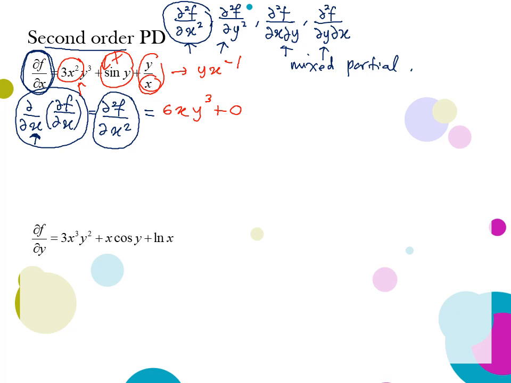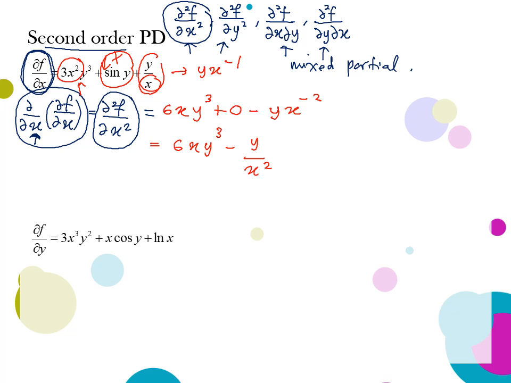So what we will get is negative y x to the negative 2. So 6xy cubed minus y over x squared. That is the answer. So this is your del squared f over del x squared.